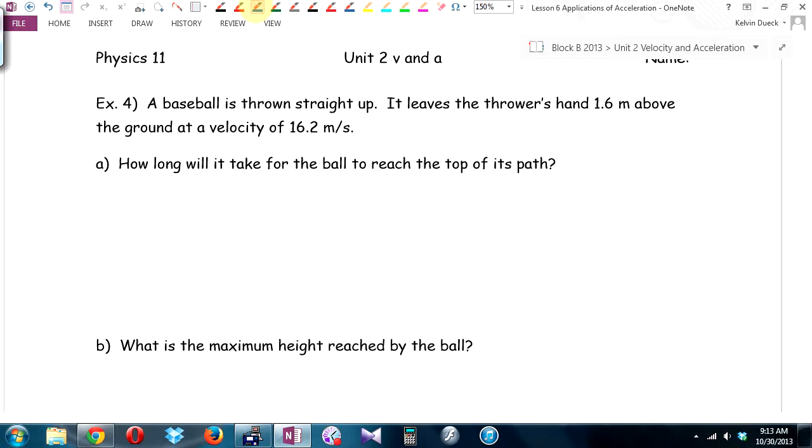What are they asking me to find here? What else do I know? When it leaves my hand, is it in free fall? Yeah, so what do I know? Negative 9.8, right? I'm not going to include that in the question anywhere. I'm going to expect you to fill it in yourself.